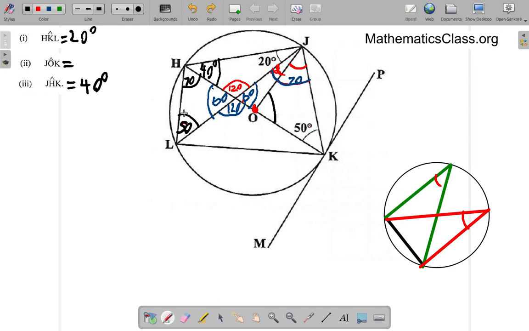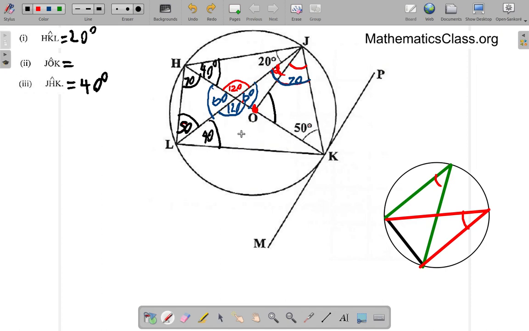And the angle HLK is lying on the chord HK. So all of this would add up to 180, right? I mean to 90, right? So 50 and 40 gives you the 90. This is 40.